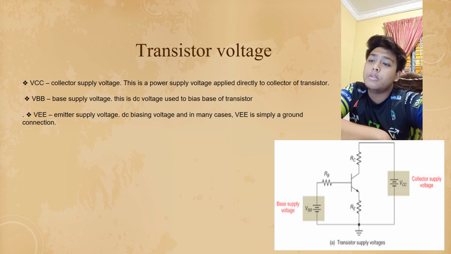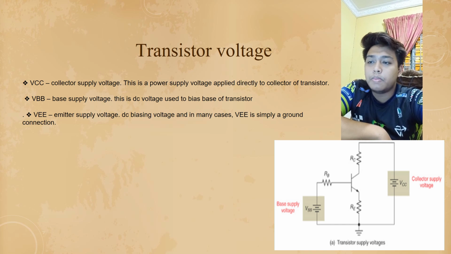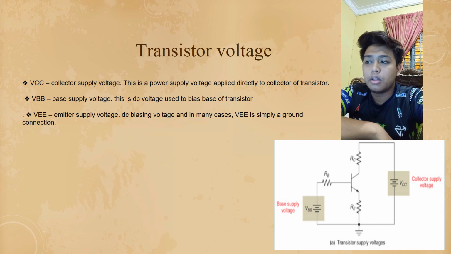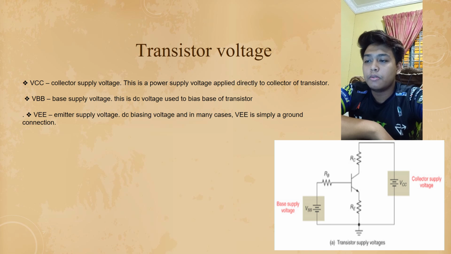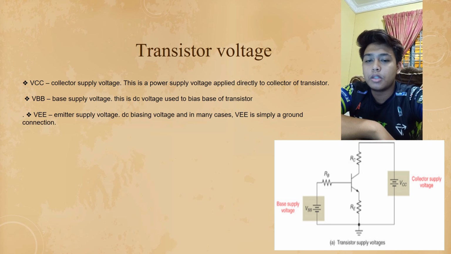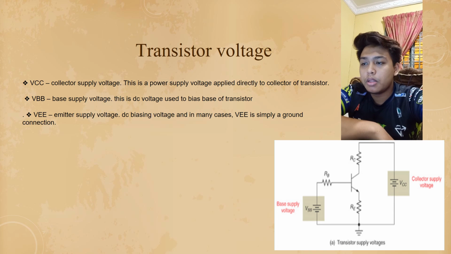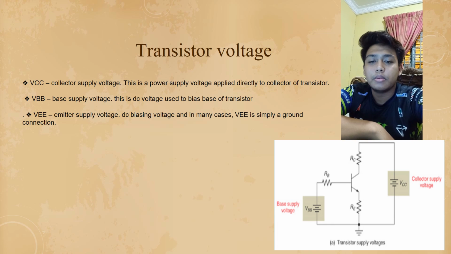Next, we're going to talk about transistor voltages. VCC, collector supply voltage. This is a power supply voltage applied directly to the collector of the transistor. VBB, base supply voltage. This is the DC voltage used to bias the base of the transistor. VEE, emitter supply voltage. DC biasing voltage, and in many cases VEE is simply a ground connection.